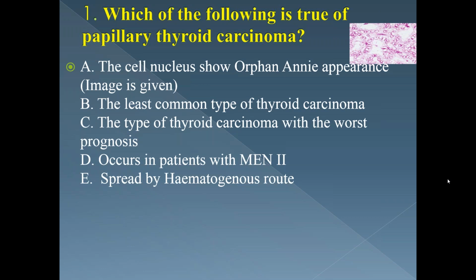Image is shown alongside. B, the least common type of thyroid carcinoma. C, the type of thyroid carcinoma with the worst prognosis. D, occurs in patients with MEN2 syndrome. And E, spread by hematogenous route. The answer obviously is A.